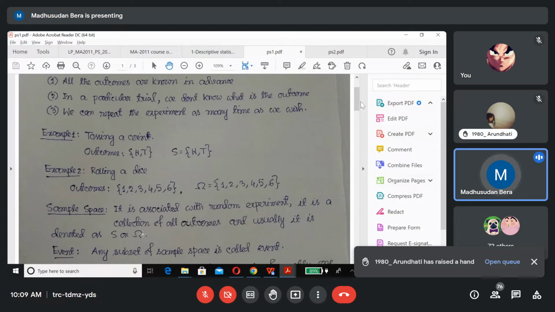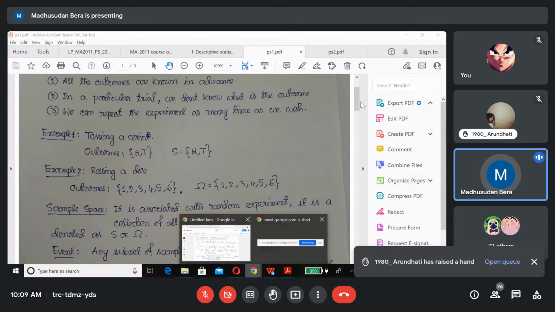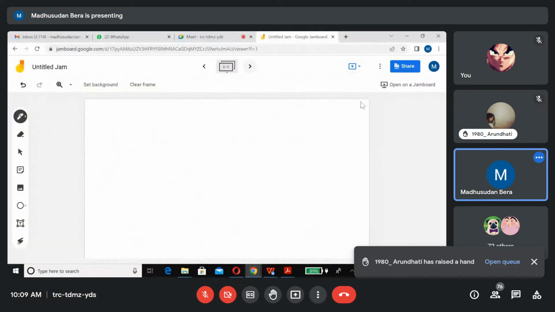This thing is called omega. So sample space is denoted by either S or omega.